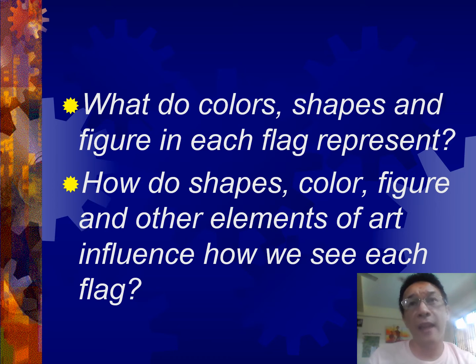They also both have horizontal lines, and then the colors as well. It will give light to the flag, and also the figures. So that is how shapes, figures, and colors influence how we see an art or a drawing. Very good.